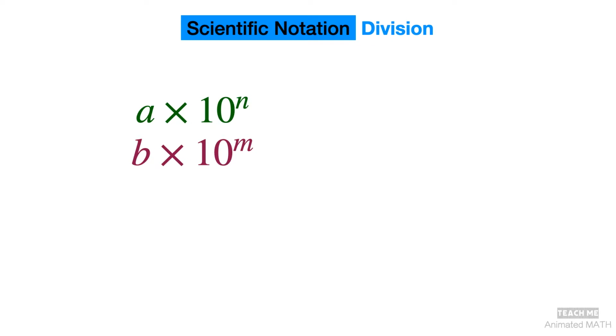Next, let's learn how to do scientific notation division. You can find the quotient of these two numbers by dividing a with b. Then, you simply have to subtract the exponents of 10, or n minus m.